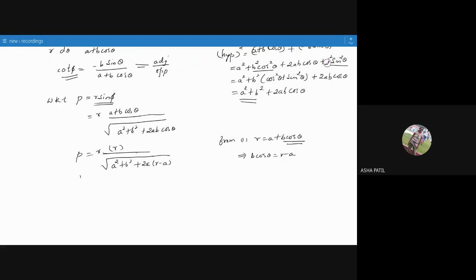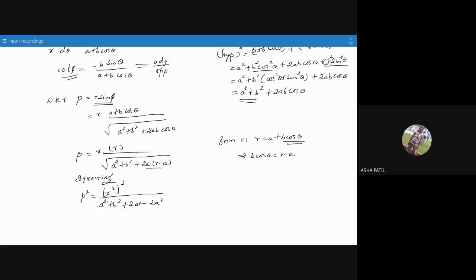To avoid the square root, let us square this equation. So squaring, we have p square equal to r square divided by the whole square, r square over a square plus b square plus 2a(r minus a).